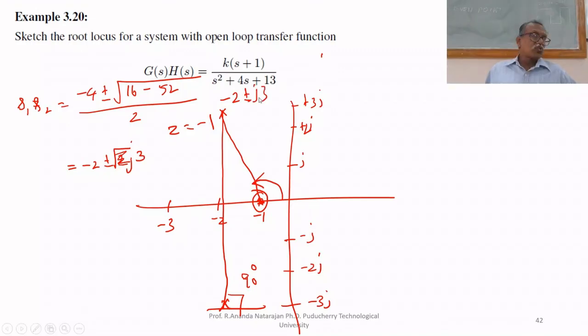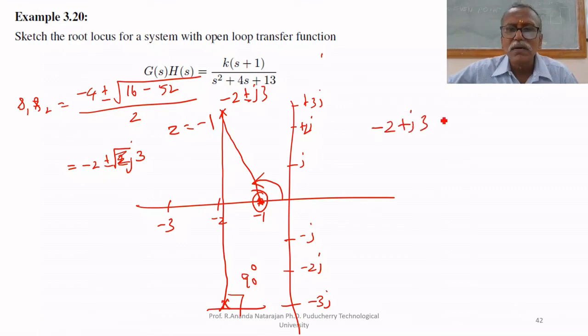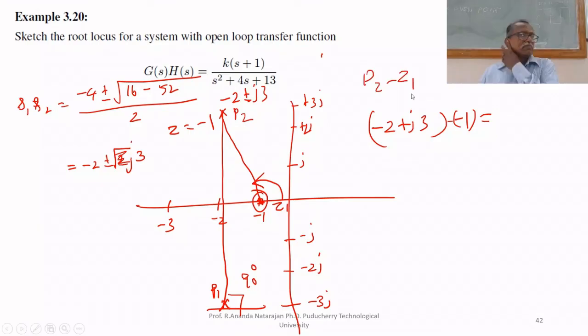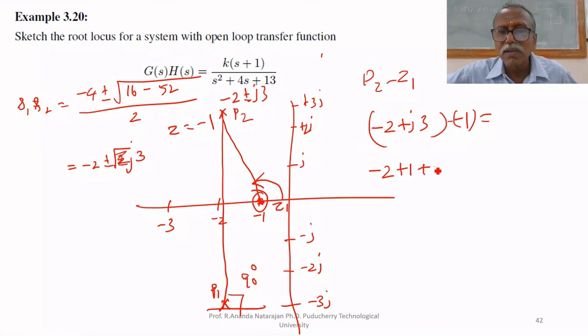Use the calculator. You follow what I am saying. Minus 2 plus j3 minus the zero, minus 1, equal to what? This is P1, this is P2. Subtract: P2 minus Z1 equals minus 2 plus 1 plus j3, that is minus 1 plus j3.